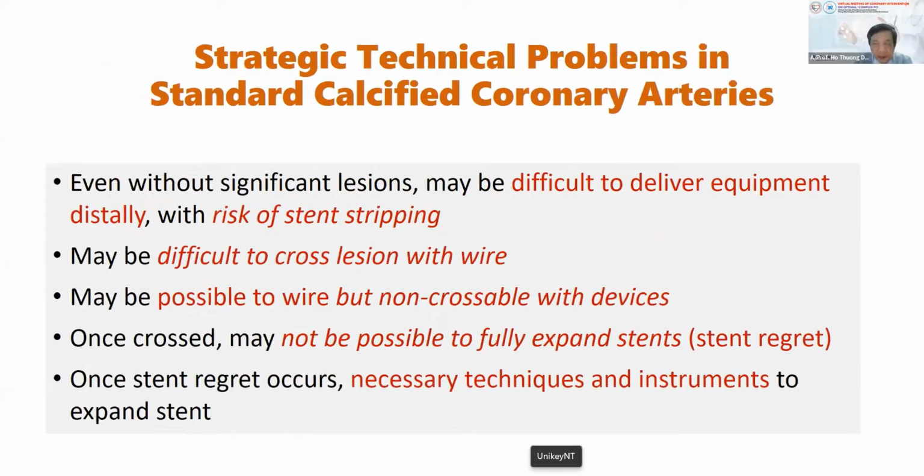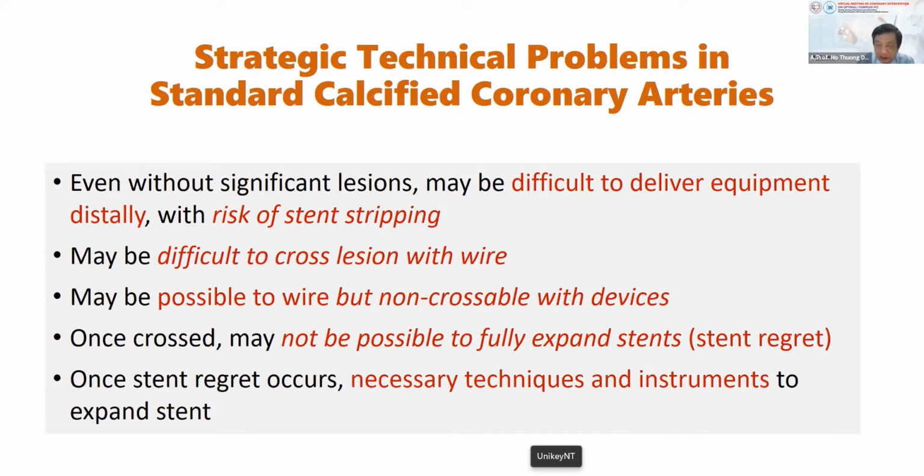I think everyone knows about the strategy and technical problems when we do calcified lesions. Even without a significant lesion, it may be difficult to deliver the equipment distally, with high risk for stent stripping. It's very difficult to cross the lesion with a wire, and sometimes possible to wire but not crossable with a device. And it's not possible to fully expand the stent.